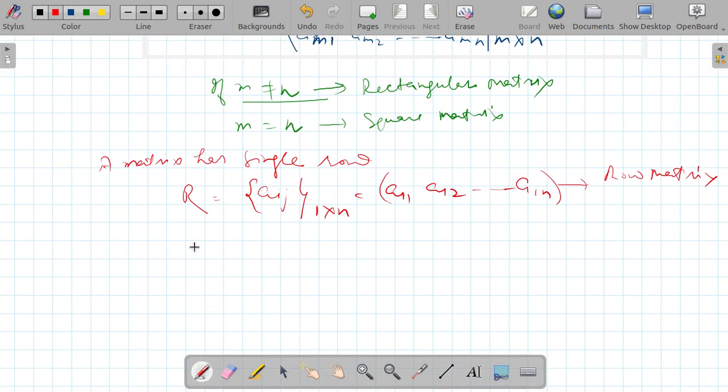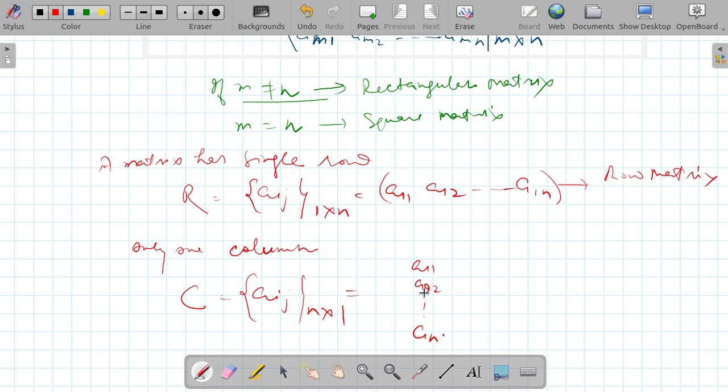Similarly, if a matrix has only one column, then this can be represented as A11, A21, and so on, An1. Right? So this is known as a column matrix.